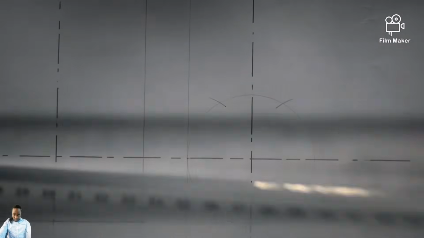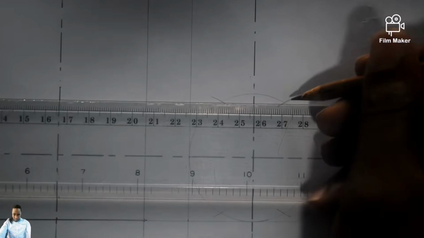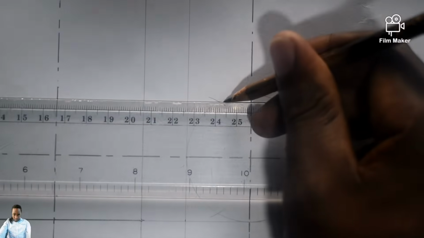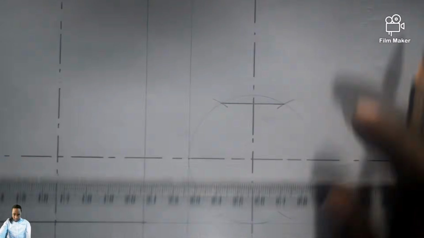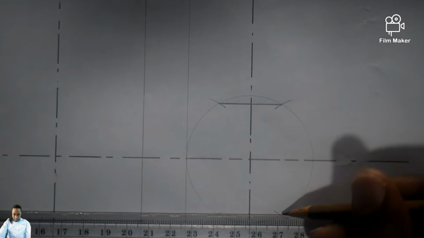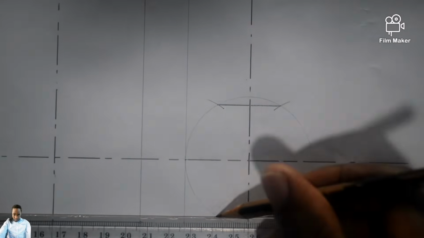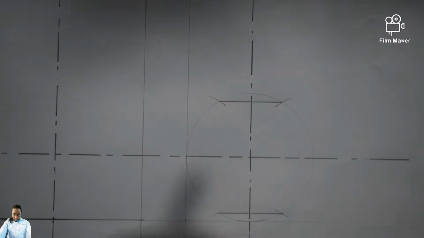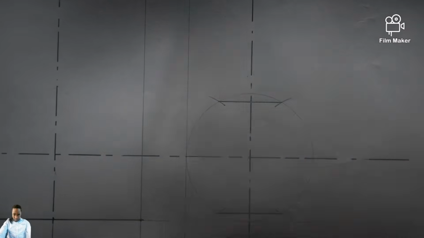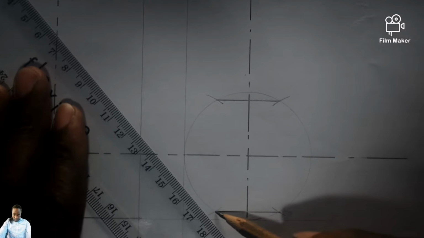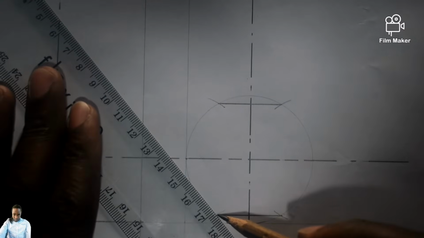Then from that point I can have this one solid. From here till there, and again from here till there. Do you see that they are actually parallel to each other? They are in the same line. Then I can take my 30 millimeter ruler now and join this point with that one.